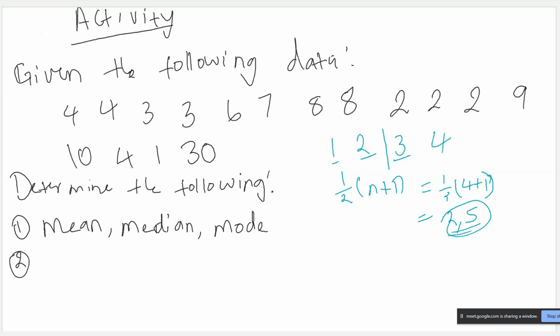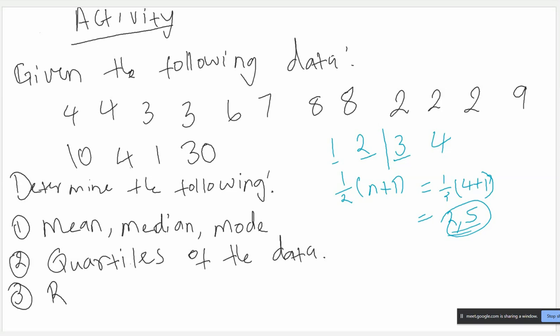And then second one, the quartiles. It means all the quartiles from Q1 up to Q3, quartiles of the data. Then number 3, we find the range.